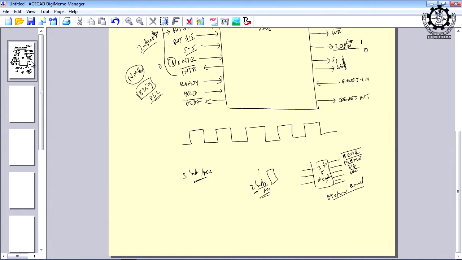If you are given 2 meals for your lunch and you are capable of eating only 1, what will you do? You can keep 1 for dinner or give it to somebody, right. Similarly here, after sending 1 bit, the microprocessor will wait for the memory to see whether it has received it or not. If it is received, only then it sends the second bit.